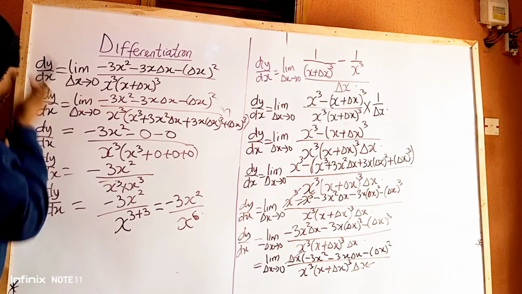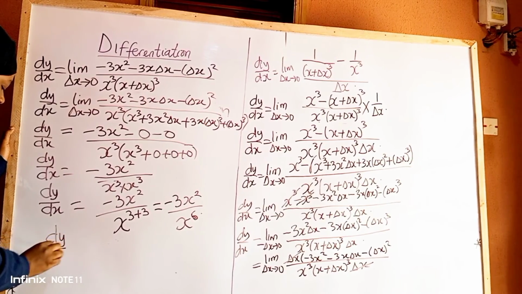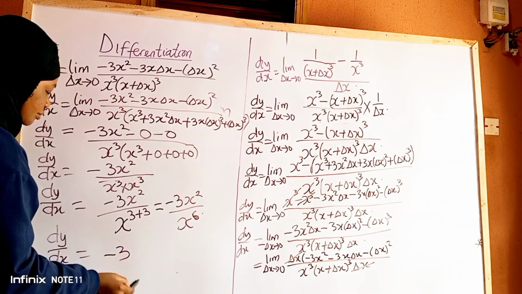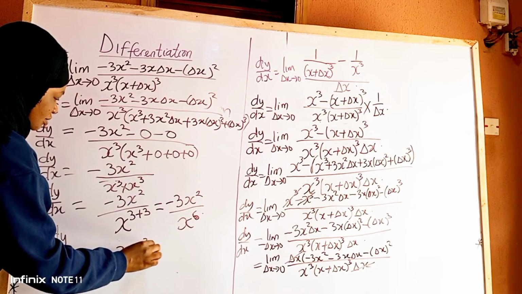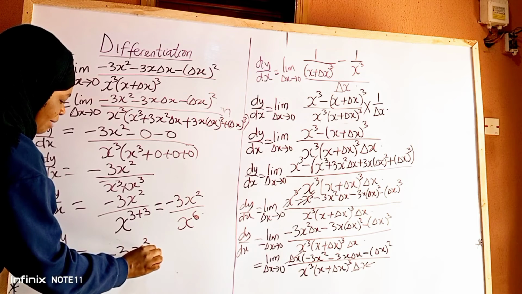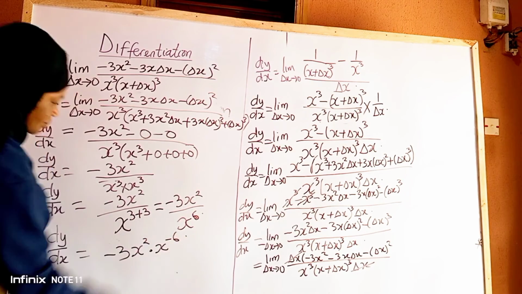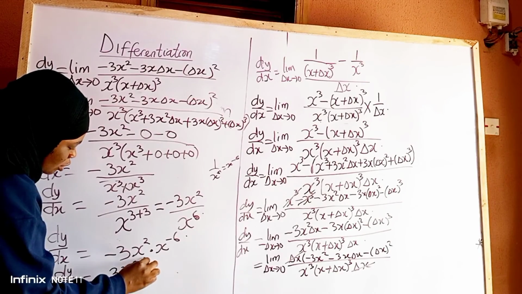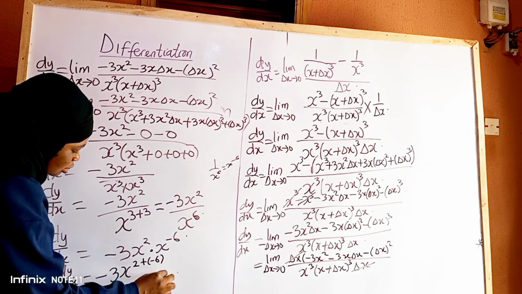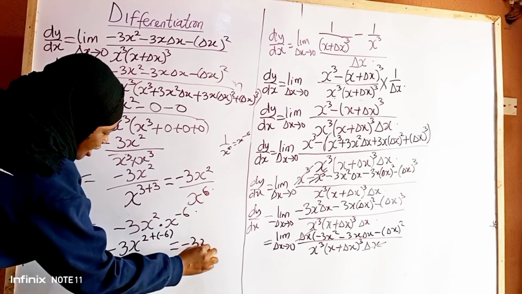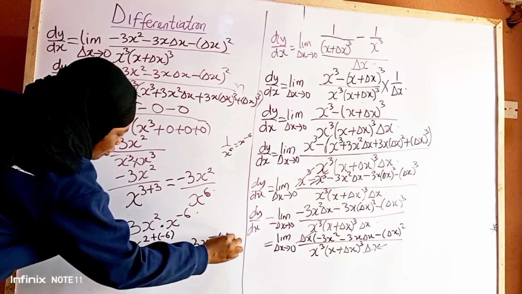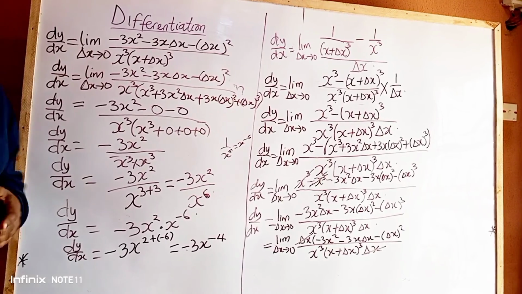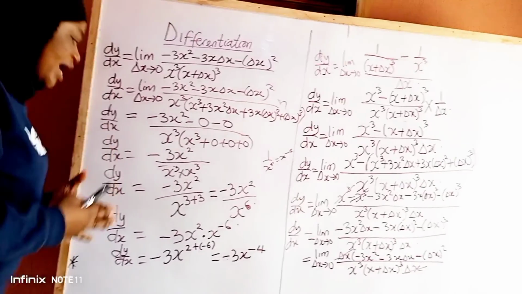So from here I have dy/dx equal to minus 3x squared, then multiply by x raised to power minus 6, giving minus 3x raised to power 2 plus minus 6. So my answer is equal to minus 3x raised to power minus 4. And that is the differentiation of 1 over x cubed: minus 3x raised to power minus 4.